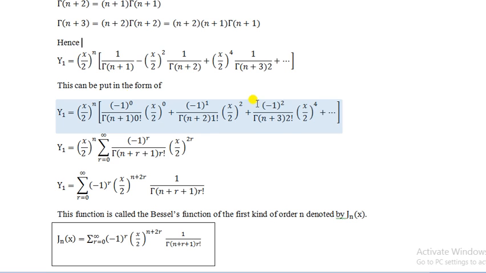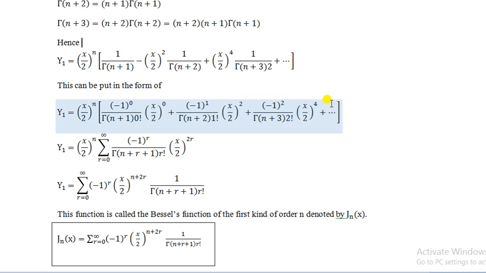Or the whole term can also be denoted as (x/2)^n, summation where the r value starts from 0 to infinity. So (-1)^0, (-1)^1, (-1)^2, (-1)^3.